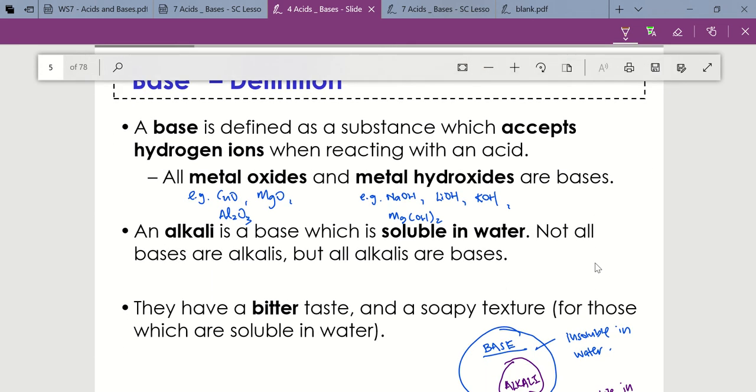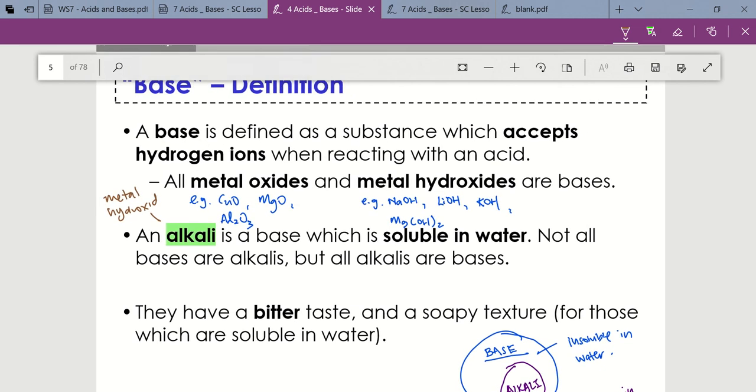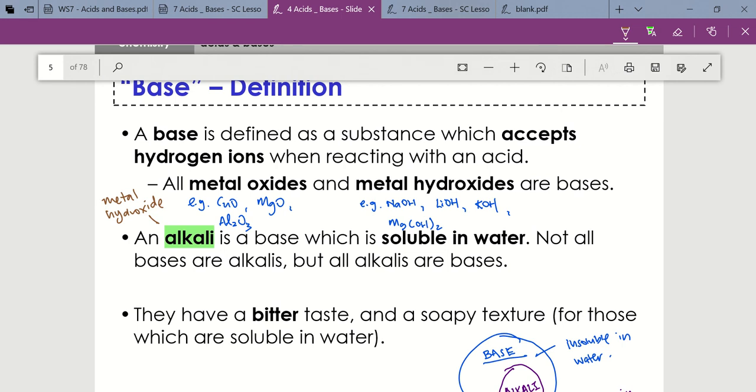What is a base? We have only learned what an alkali is in the past in Sec 2, right? In Sec 2, we learned that an alkali is a substance that is a metal hydroxide, and an alkali can react with acid in a neutralization reaction.